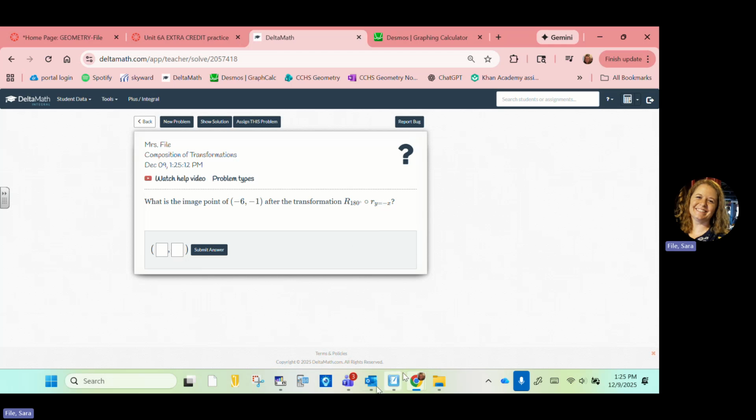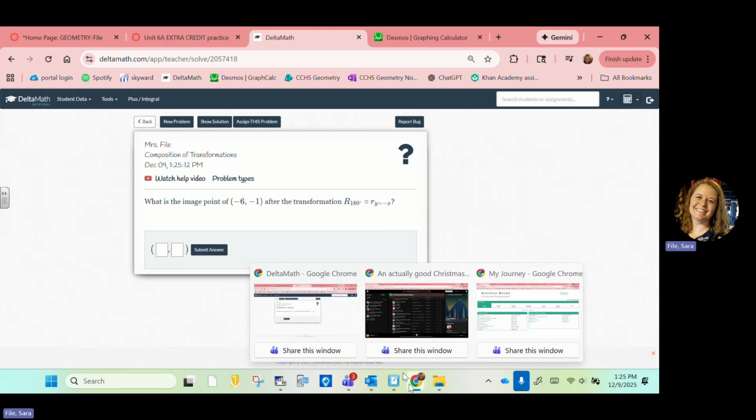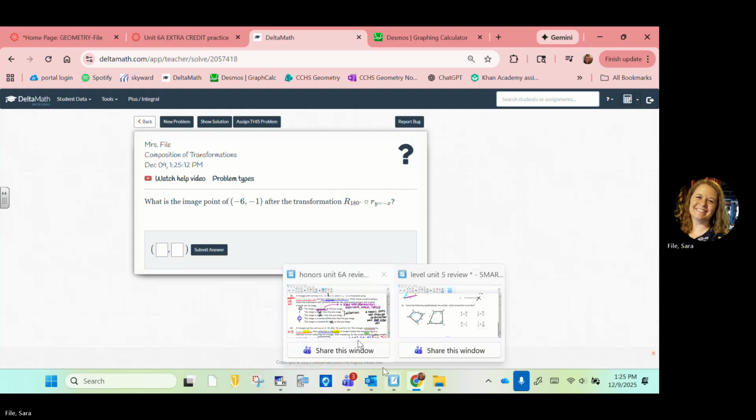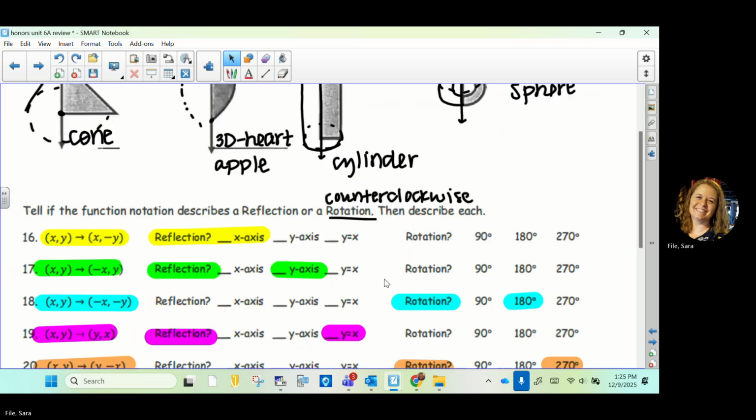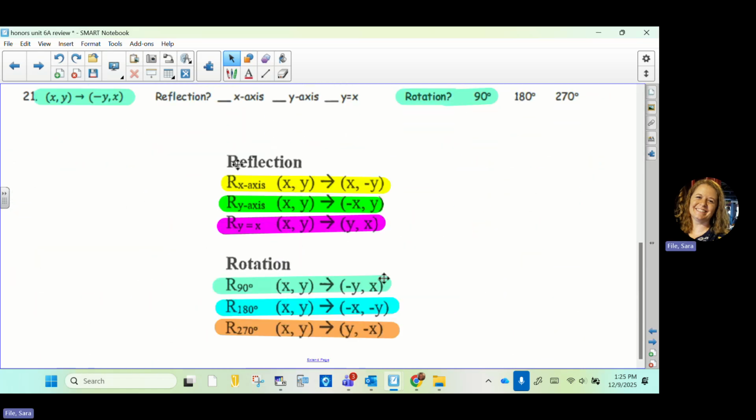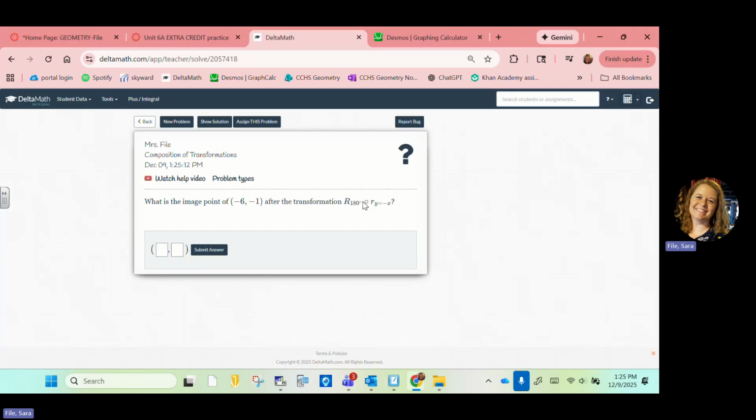So just like on our formula chart that I said you're gonna get, they just put an R for reflection or rotation, and then they put as a subscript what the line of symmetry or the degree of the rotation was. That's the same concept that they're using here, except they're using a capital R for rotate and a lowercase r for reflect so that they're different.